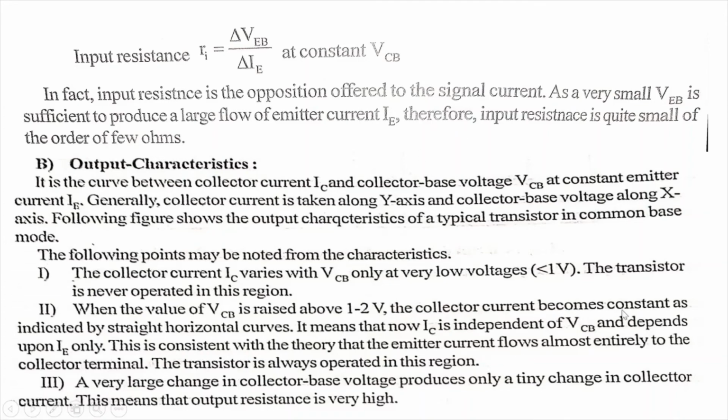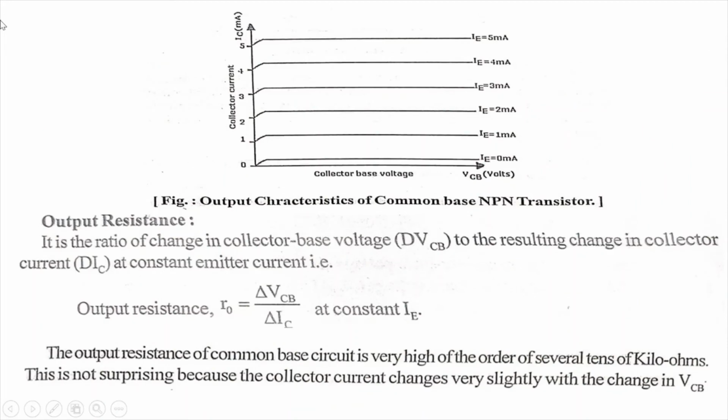The collector current becomes constant. See that collector current, as shown in this graph, becomes constant. See, that is a constant current.